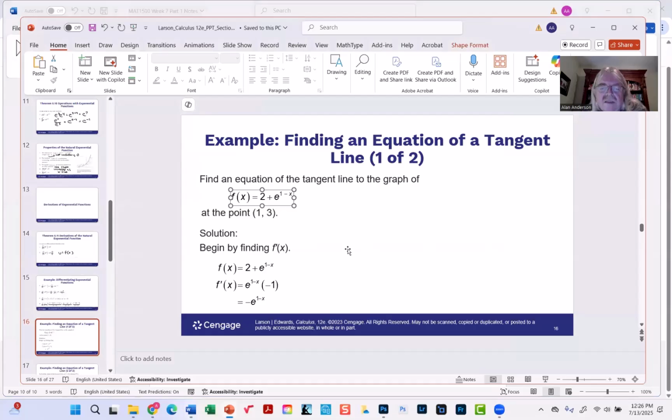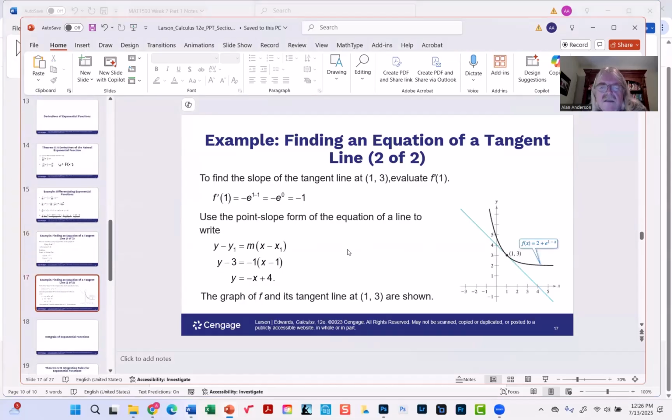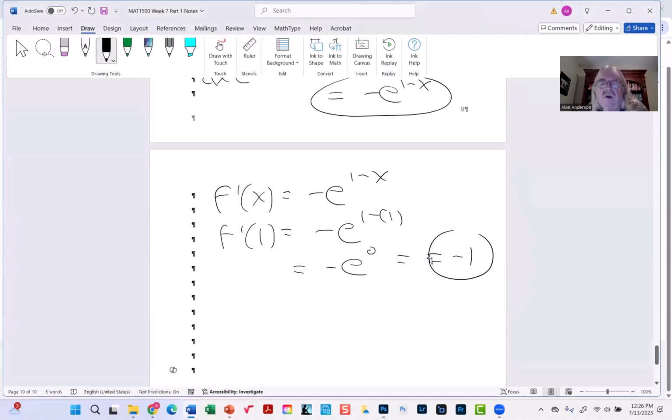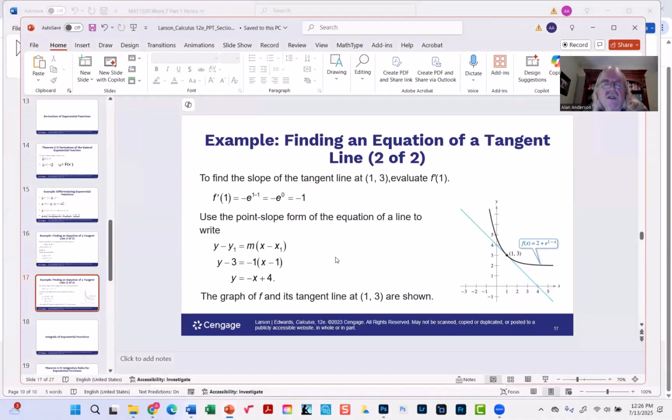All right, so hopefully, yeah, negative 1 right there. So this is what the function looks like at that point. The slope is exactly negative 1. And then what they're doing is going ahead and showing how to solve for the actual equation of that tangent line. We already know the slope is negative 1, and we know one of the points.